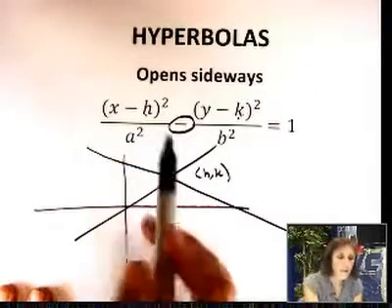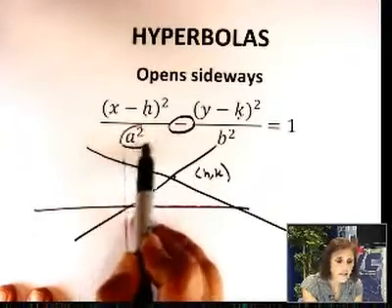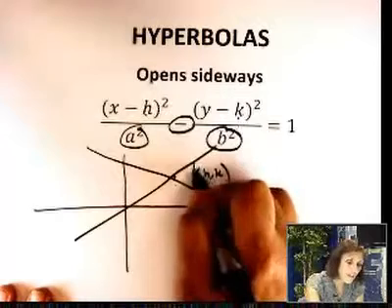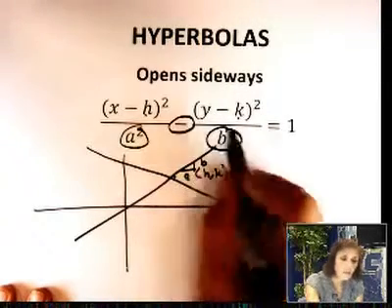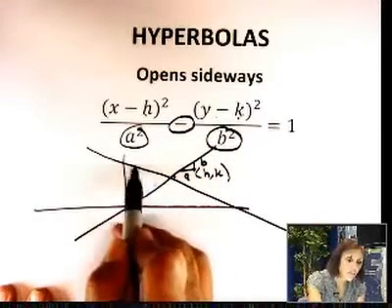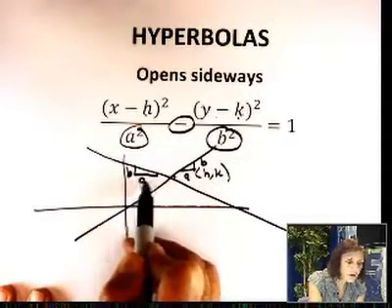What's going to happen is, this thing is under x, and this thing is under y. The slope of the positive one is going to be b over a, because this is under the y, rise over run. And the slope of this one is going to be the negative of that, b over a as well.